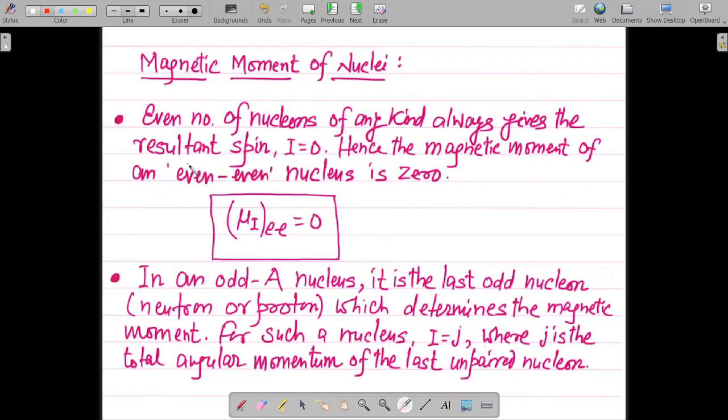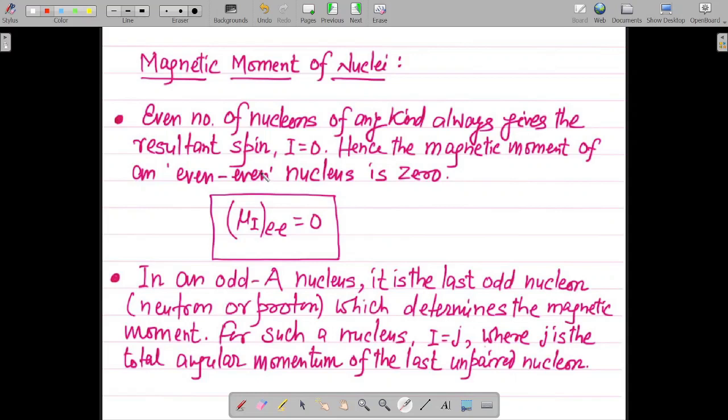The atomic mass number A is equal to the total number of protons plus the total number of neutrons, so A equals Z plus N. Z is even and N is even, so A will also be even.